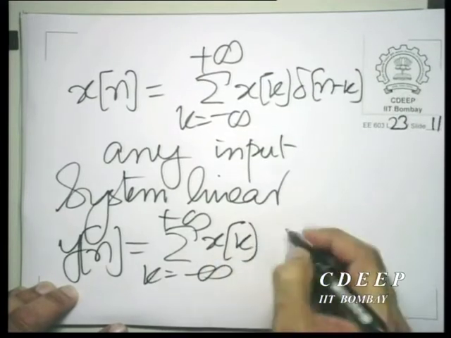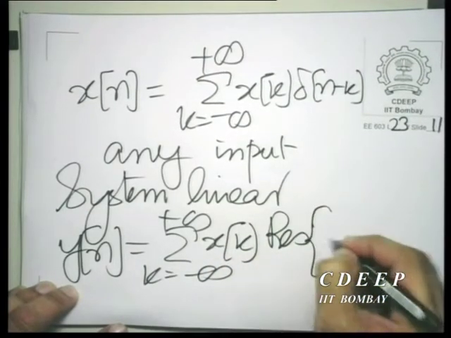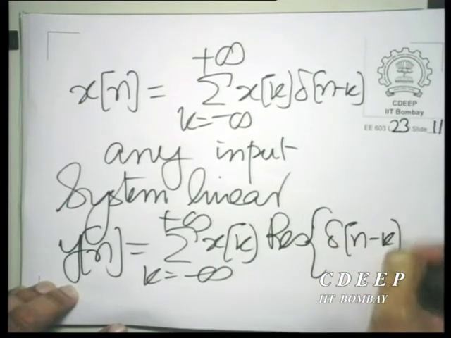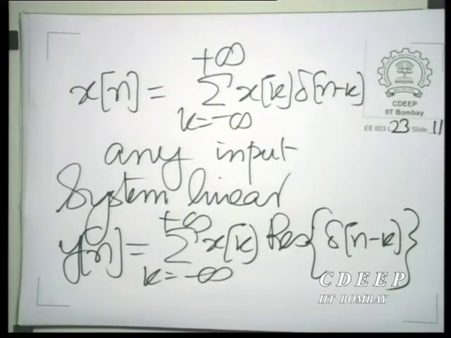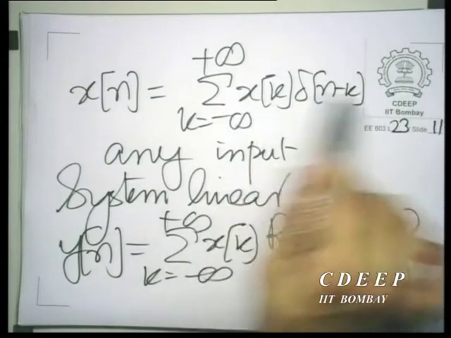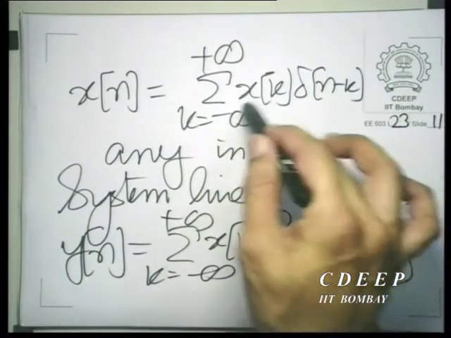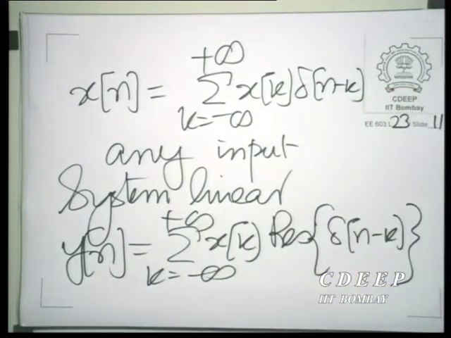So, x[k] responds to delta n minus k. This is true because the system is linear. On account of additivity, you can take the response over each of these, and on account of homogeneity, you can take the response into the x[k].